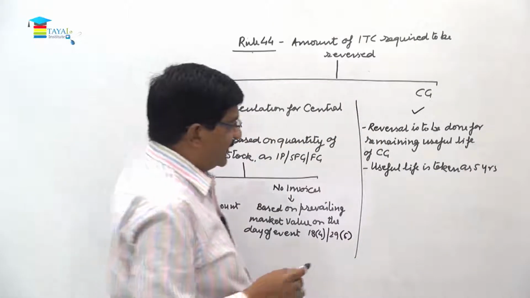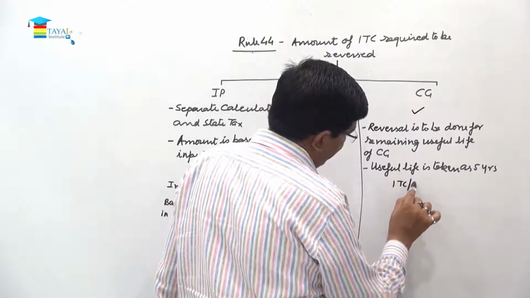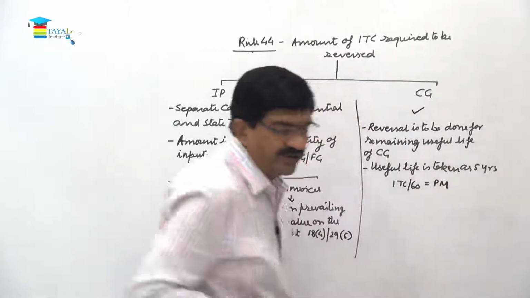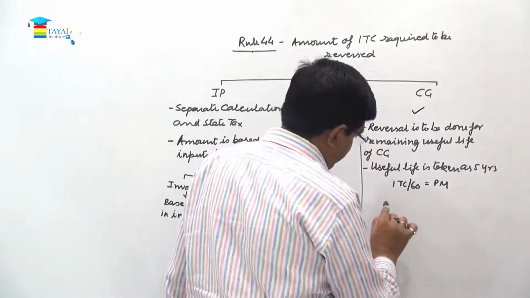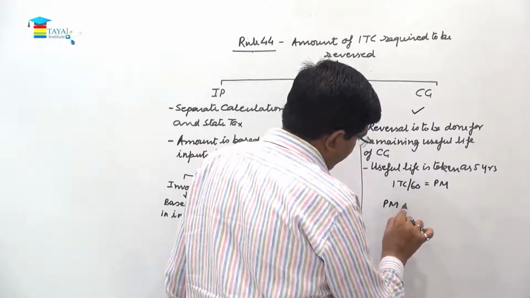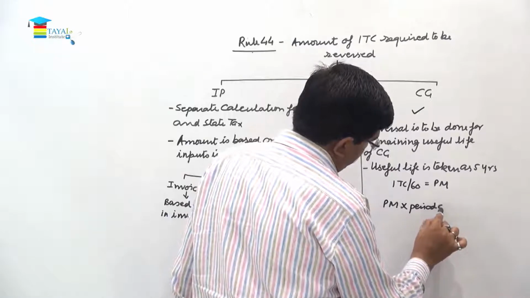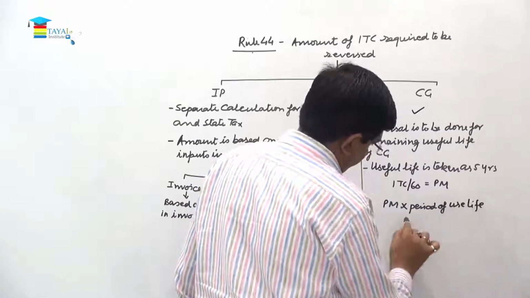So effectively it is total amount of ITC divided by 60. This is the amount of the input credit which is required to be reversed for per month basis. So this per month basis into period of useful life remaining.